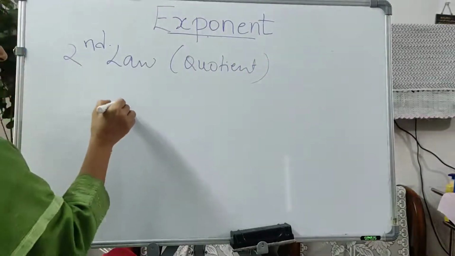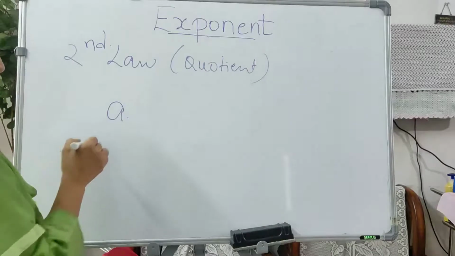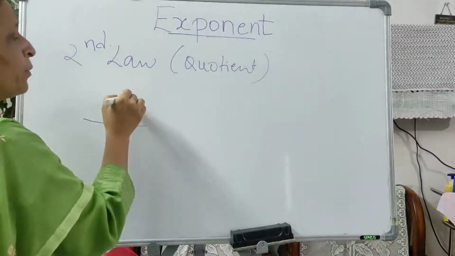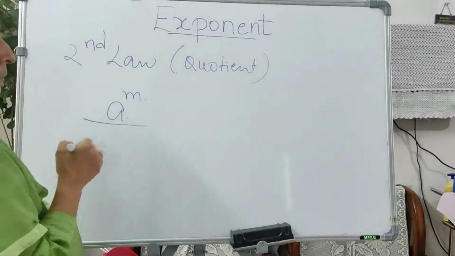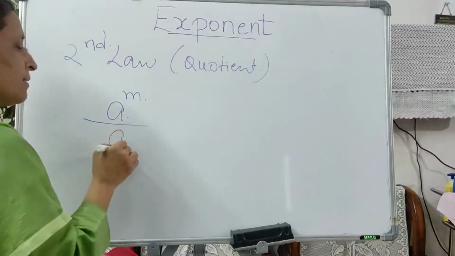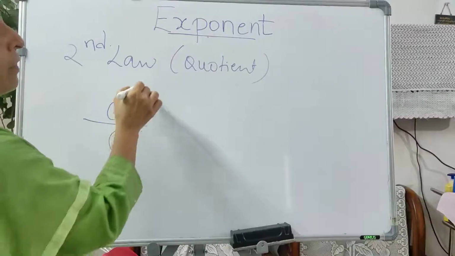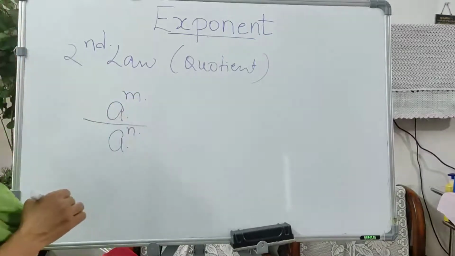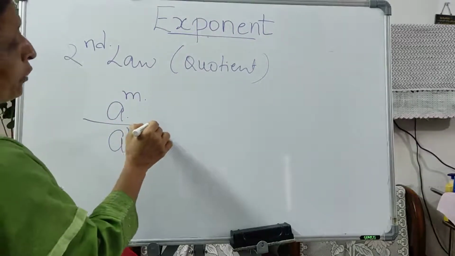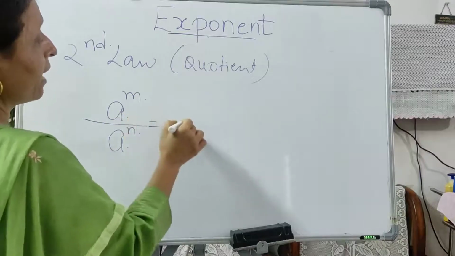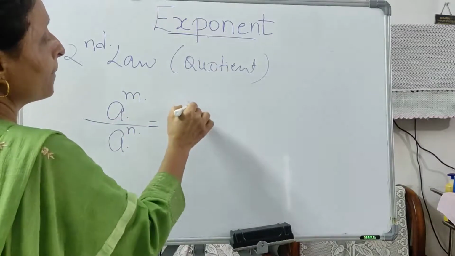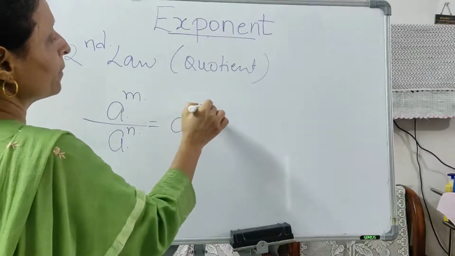Now if you have a base a with exponent m and you have a base a again with exponent n, the base is the same but the exponent is different. So you can write it as a raised to m minus n.